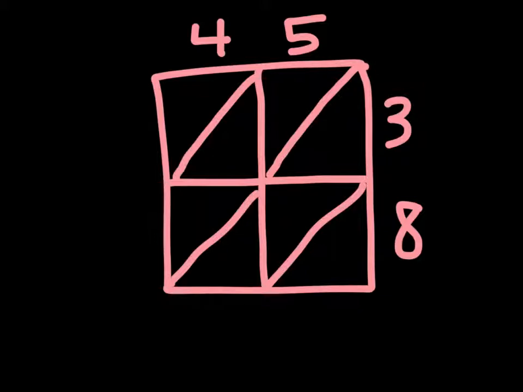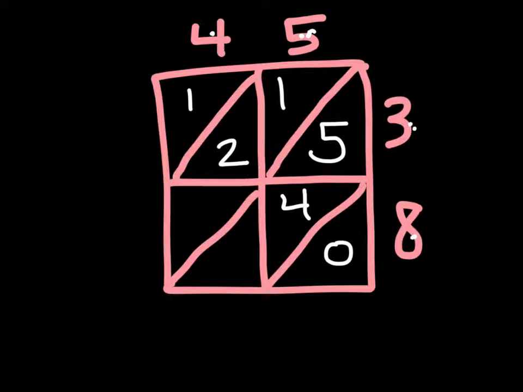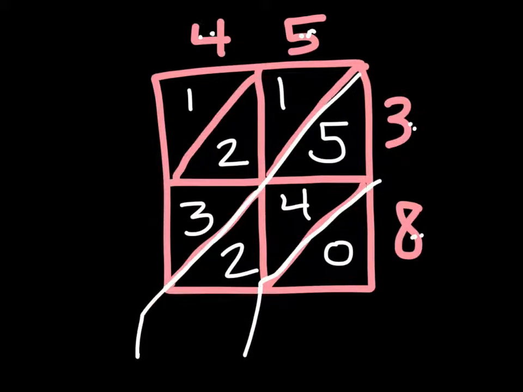Now I would go ahead and multiply. 5 times 3 is 15. 4 times 3 is 12. 5 times 8 is 40. 4 times 8 is 32.